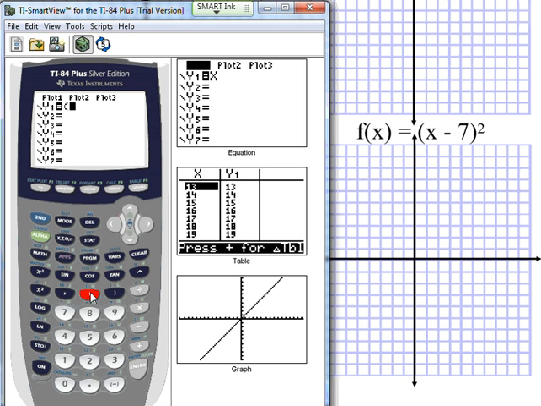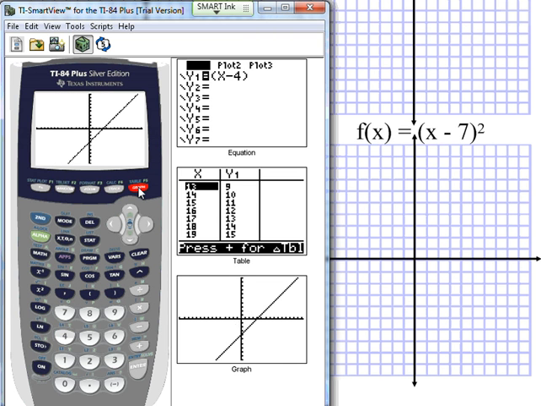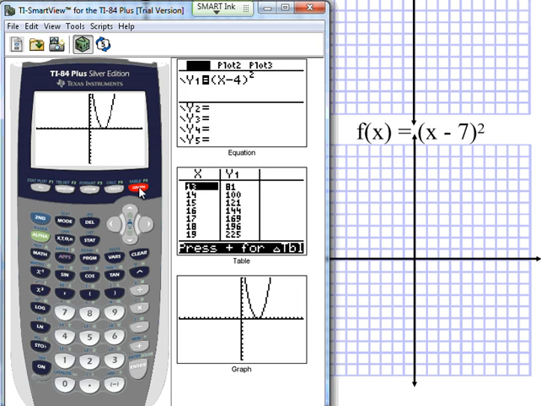Parentheses, x minus 4, parentheses, and I hit graph. I forgot the square. Sorry, x minus 4 squared. Now I graph. There we go. Do you see how it moved to the right?